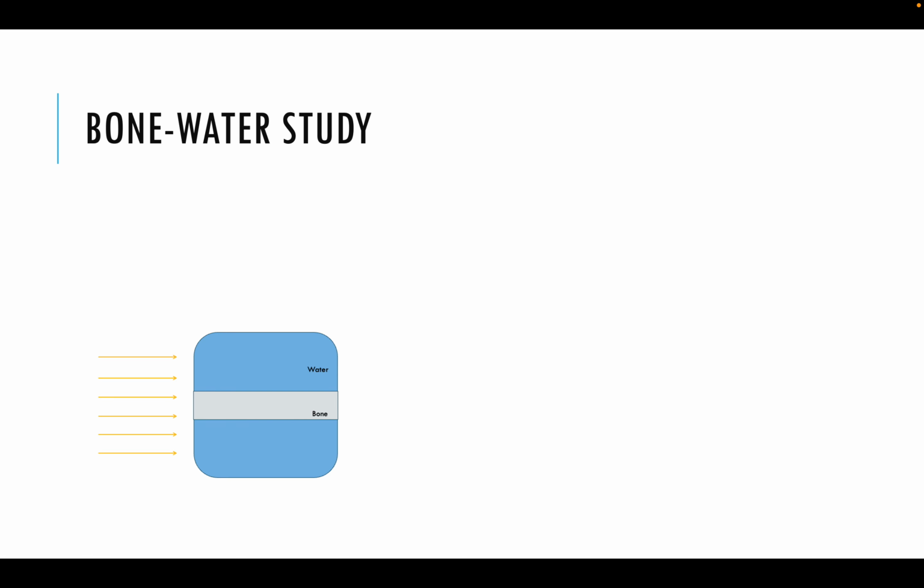And the phantom size is 100 millimeter cube, just to be convenient. Otherwise, if I take a 300 millimeter cube of water and bone, plus I have to simulate 1600 beamlets, it takes a huge amount of time. As a result, I chose this, and I also reduced the energy to 100 MeV.